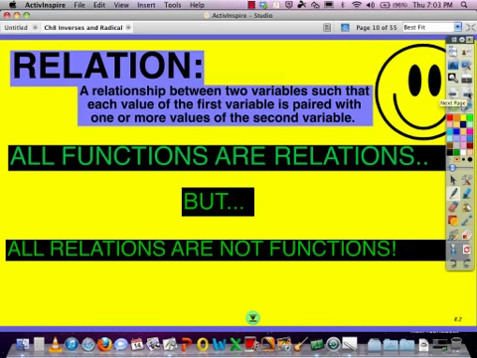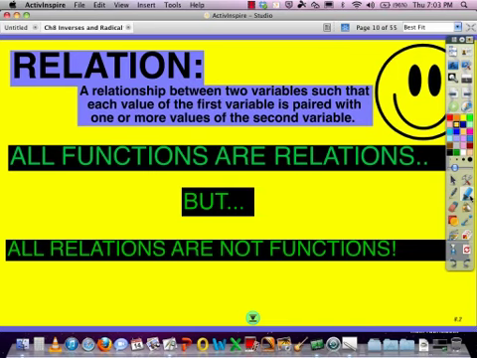But here we go, a relation. A relationship between two variables such that each value of the first variable is paired with one or more values of the second. And the key piece on this, if you go back and look at it, we had a function definition earlier on, and it was very similar. It said a relationship between two variables such that each value of the first variable is paired with exactly one value of the second.